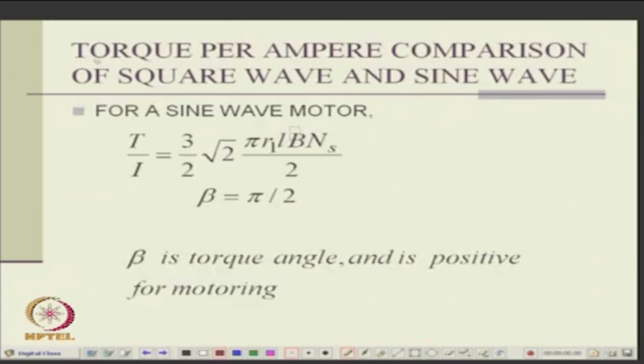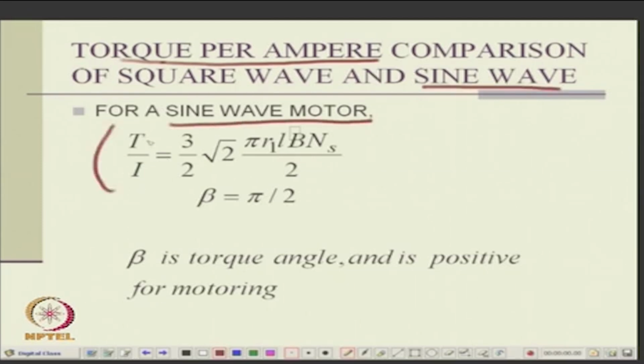Another thing is torque per ampere: for a given machine, how much torque you can get per 1 ampere of excitation. Okay. In both sine wave and square wave. In sine wave motors, torque per ampere has a derived expression, where this is the flux density B. Okay.